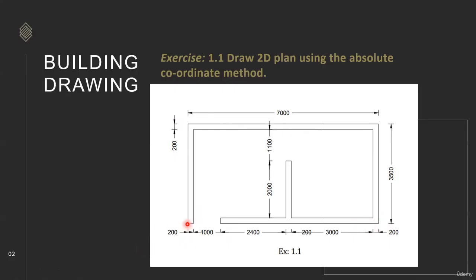Always remember, while using the absolute coordinate method, we need to first identify the corners. Whatever the corner coordinates are, we need to identify them first. Then wherever the points and junctions are, we identify all those coordinates, and once we get them, we just enter them.